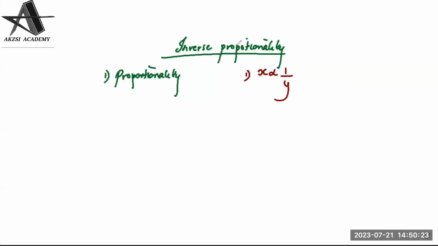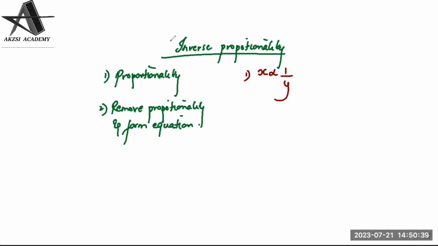The second step is definitely to remove the proportionality and form an equation. How do we remove the proportionality sign? By replacing it with an equals to sign and introducing a constant. So it will be x is equal to k over y.